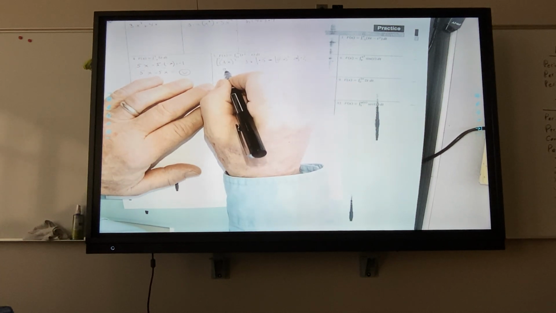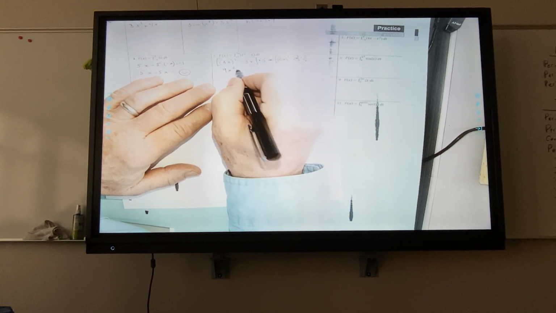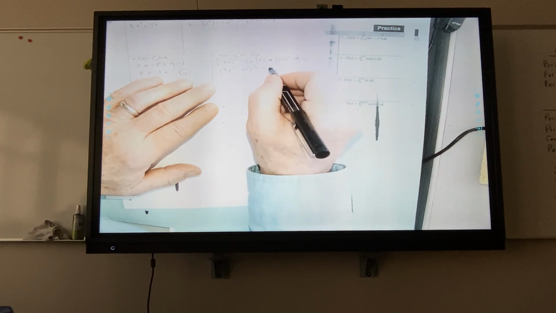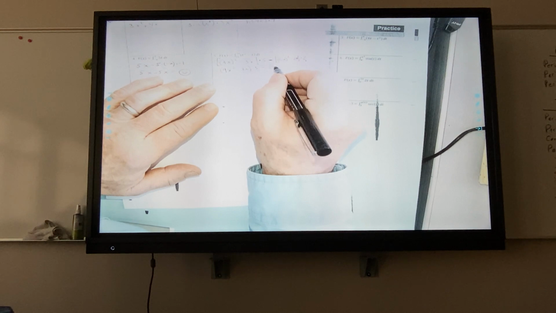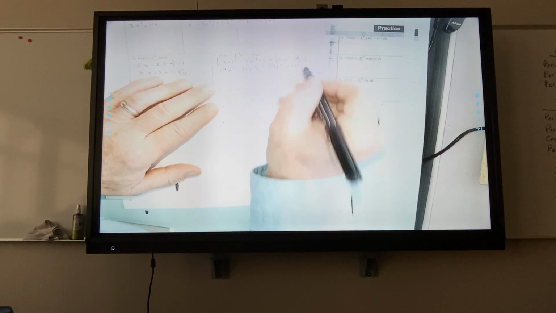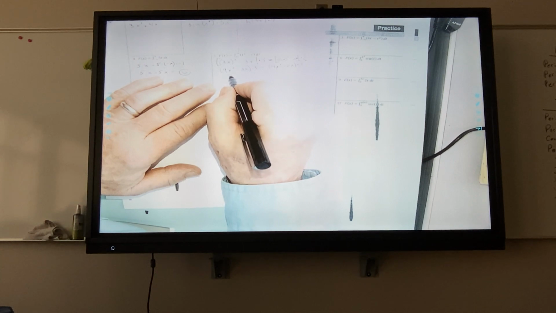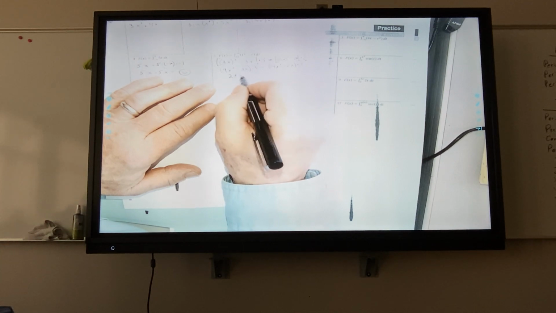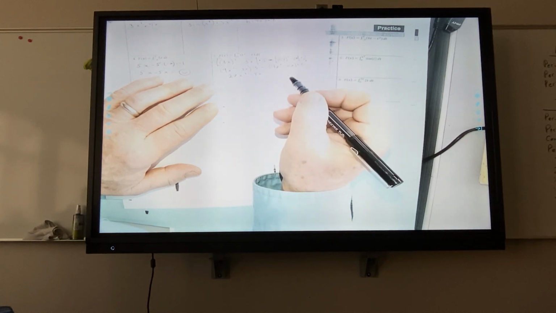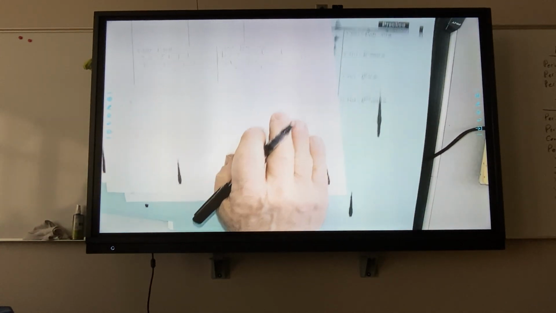So this gives me 9x squared minus 3x times 3 minus 4x squared minus 2x times 2. I believe this is 27x squared minus 9x. I did not simplify because I cannot see as well.